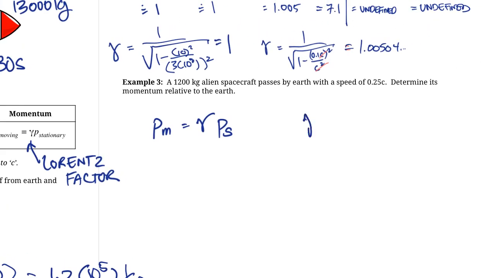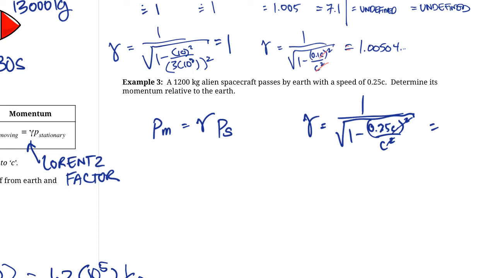So we can calculate the gamma for that as 1 over the square root of 1 minus 0.25 c squared over c squared. And if we do that, the c's are going to cancel out again, but we still have to square the 0.25. So we're going to get 1 minus 0.25 squared, take the square root of that, 1 over that.